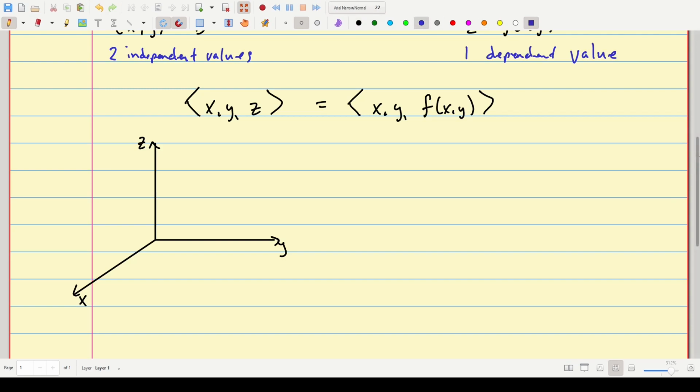Our domain is going to be something that is a subset of two-dimensional space, so down on the xy plane. And above this, we're going to have some surface.